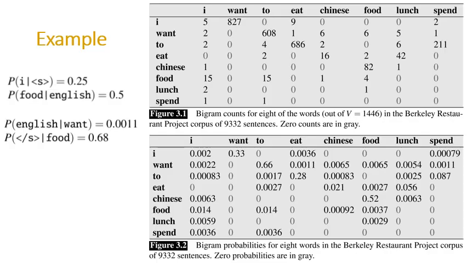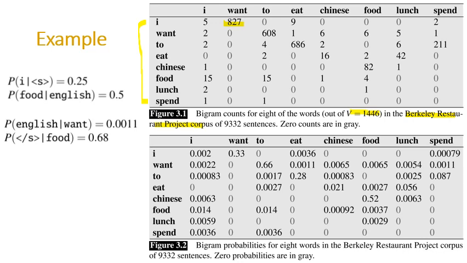This is a bigger example. The first table on the top shows the bigram counts from the Berkeley Restaurant Project corpus. It has actually 1,446 words, but this table just shows 8 of those. Now let's see, for example, what this 827 means.